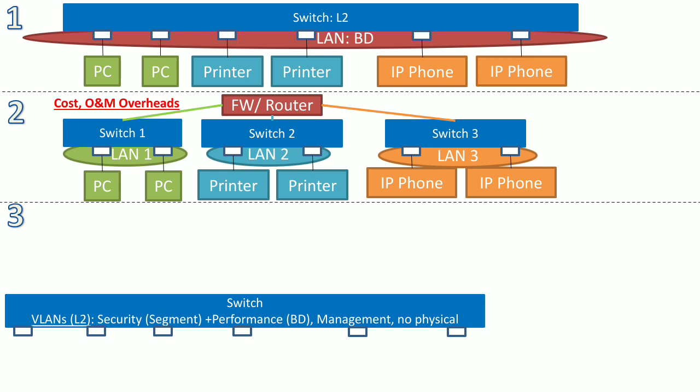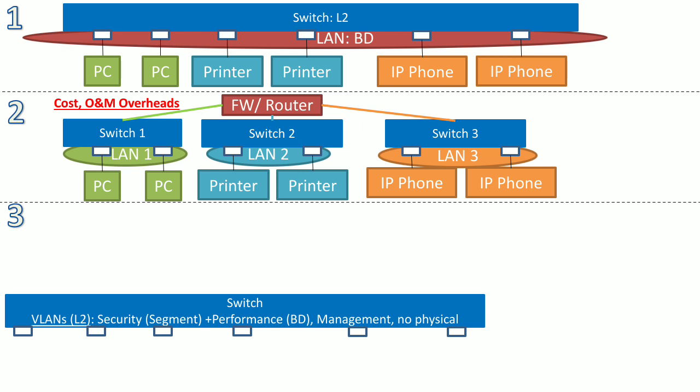This VLAN operates at layer 2 of the OSI model, that is the data link layer. With this VLAN feature, we can achieve the same level of security by segmenting the network into different virtual local area networks, and we also increase performance by restricting broadcast traffic to the same sets of devices.